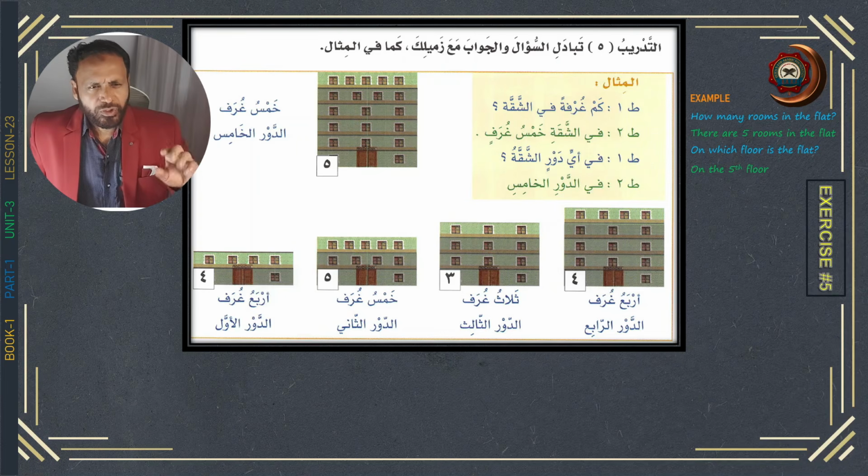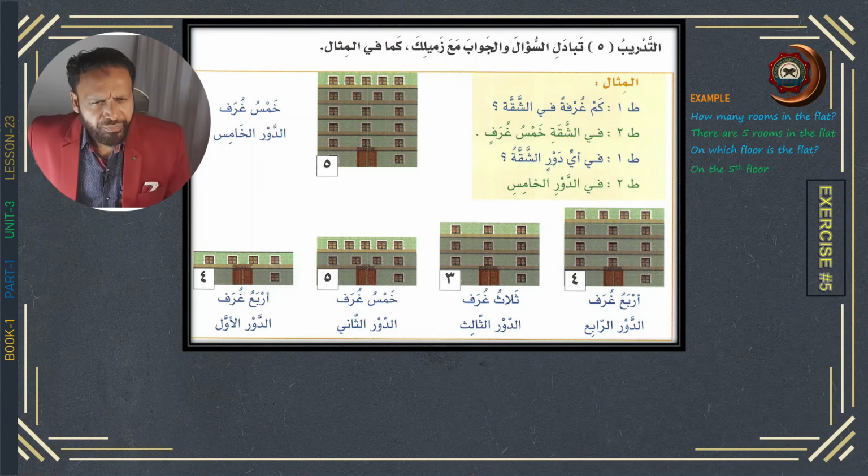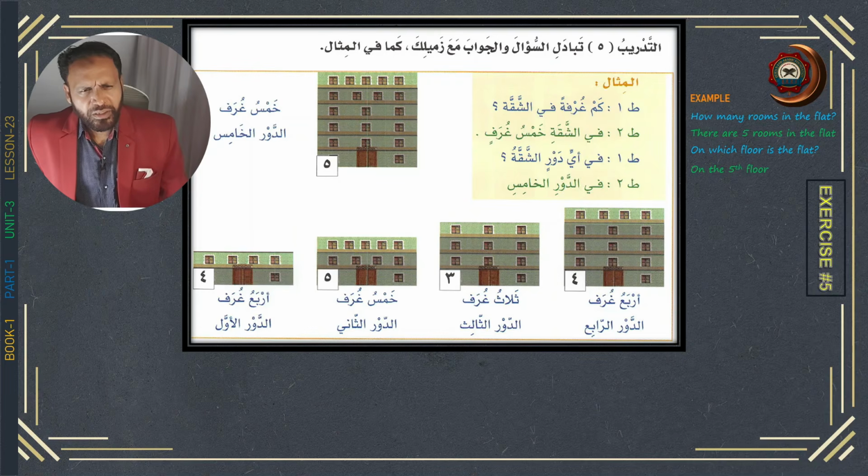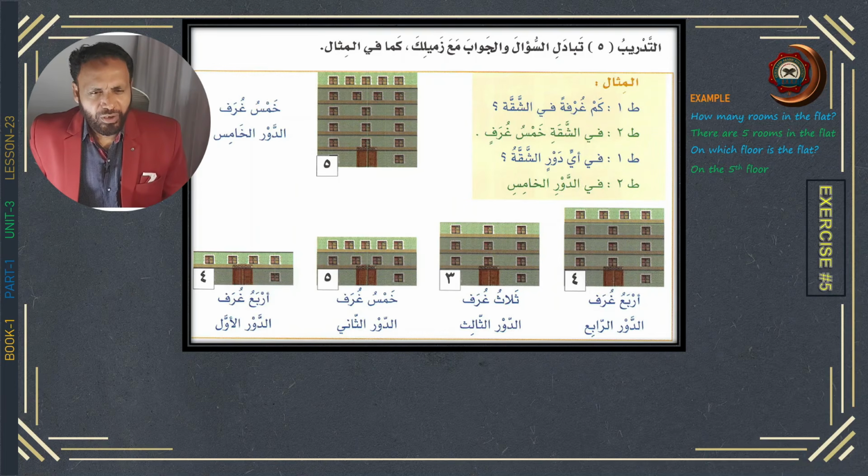So the first sentence is: Kam ghurfatan fi shakka? Then the response will be fi shakkati arba'u ghuraf.